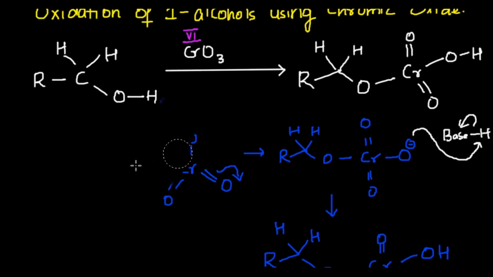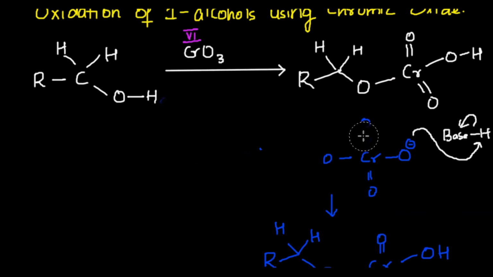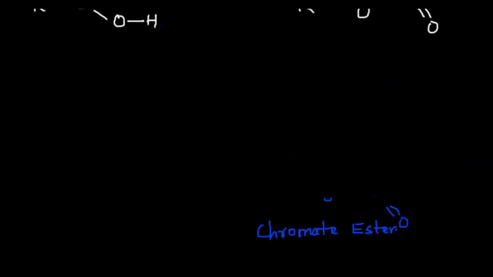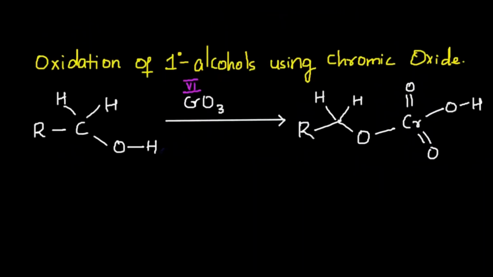I'll erase this. The CH proton, this proton, is removed by a cyclic mechanism on the chromium 6 ester.